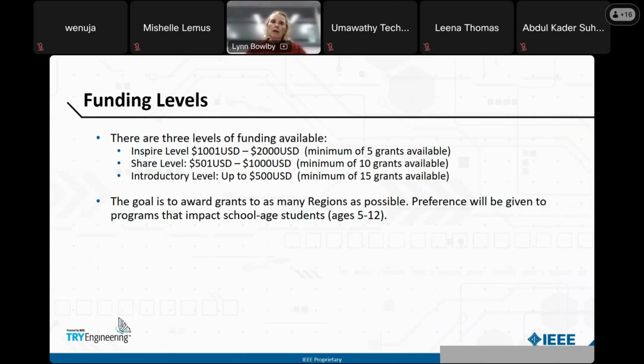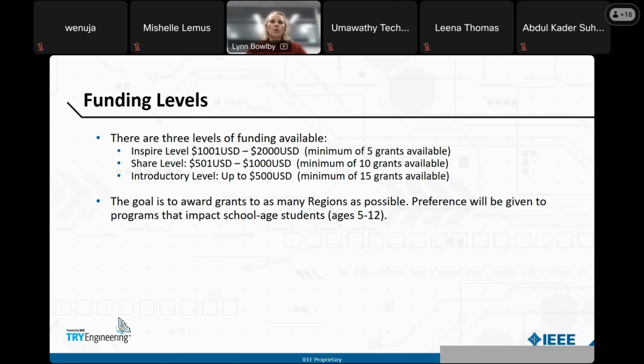Then we have our Share level, which is $501 to $1,000 US, and we're going to award a minimum of 10 grants for that category. And then our introductory level is more like seed funding to get your program started. If you happen to be getting funding from other units within IEEE or outside companies, you may only need $500 in grant funding. So there's a minimum of 15 grants that will be awarded for that category.